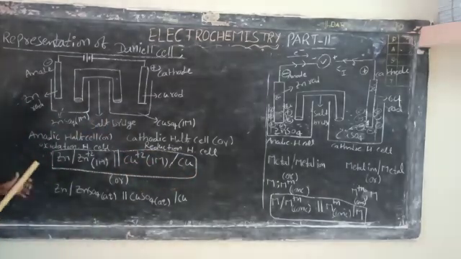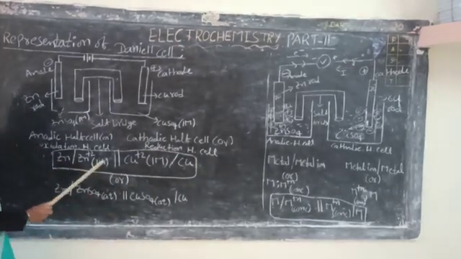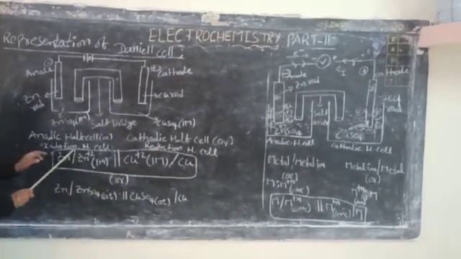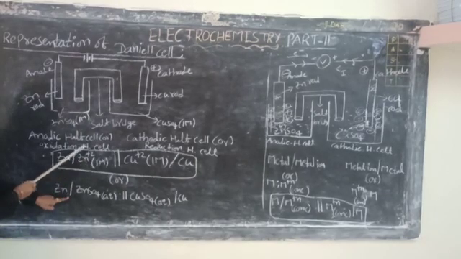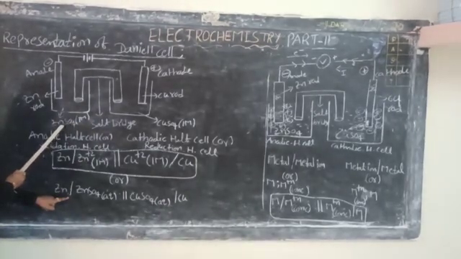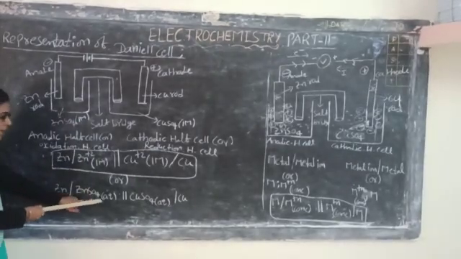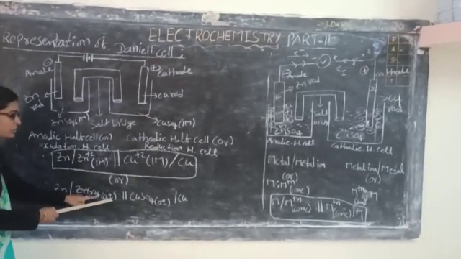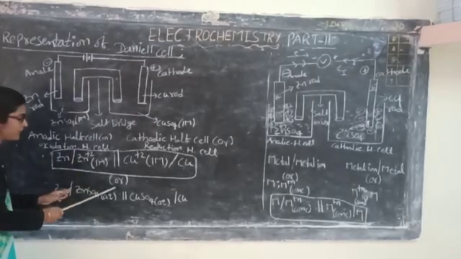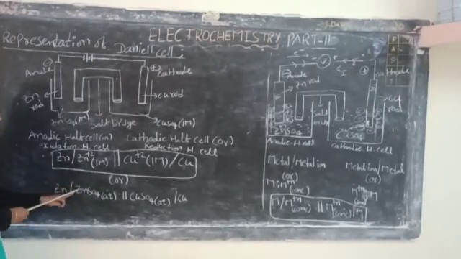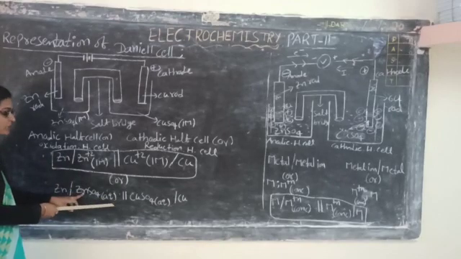Or also, this is one more representation. It is the same, metal followed by the ion present in the electrolyte solution. What is the electrolyte? ZnSO4 aqueous solution. So both are the same. Here we write zinc, and the electrolyte is zinc sulfate in the case of aqueous solution.